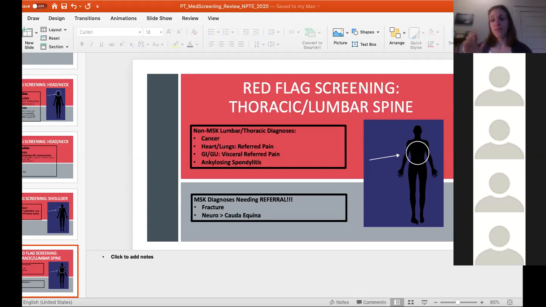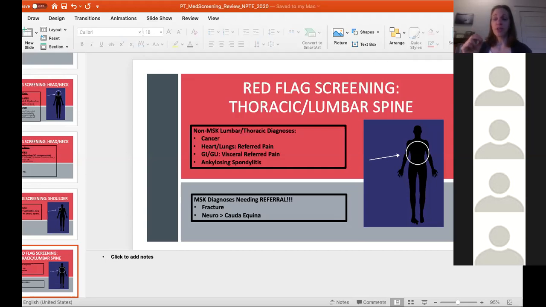In fact, pelvic floor physical therapists can treat urinary incontinence in some instances, but urinary retention, or not being able to urinate, is a red flag. So if somebody has not urinated in 24 hours, that is a red flag that necessitates being seen in urgent care. Saddle paresthesia is also a commonly described sign and symptom of cauda equina syndrome.